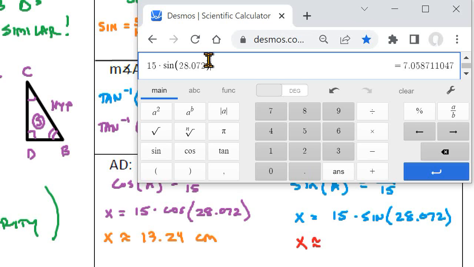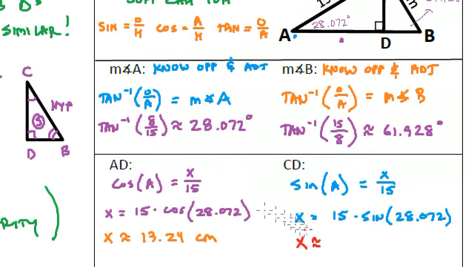And there we go. I've got 7.058. I can round that to 7.06. Approximately 7.06. Unit of measure is still centimeters.